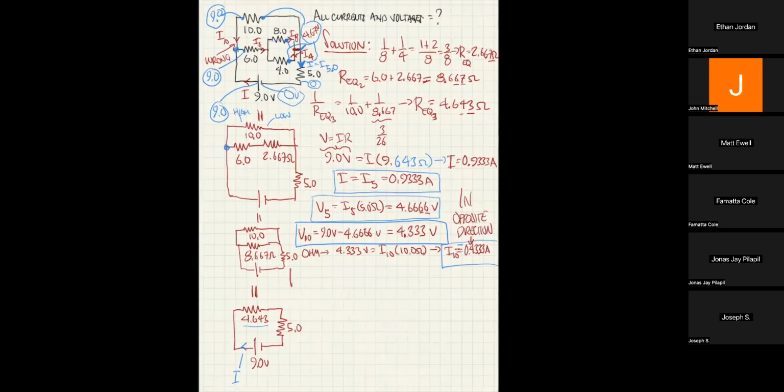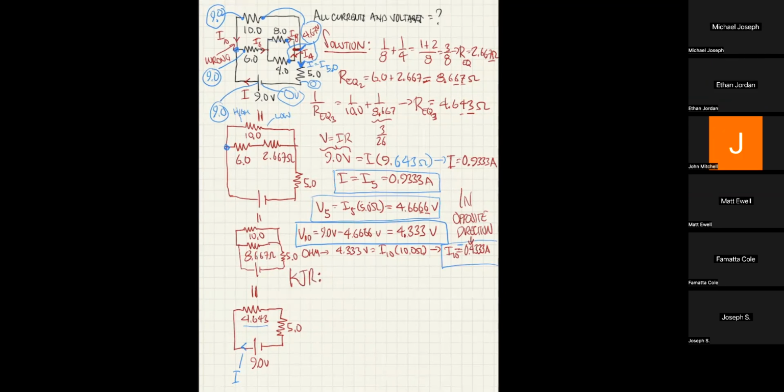So Kirchhoff's junction rule, after I've made that discovery that I10 is the wrong direction, allowed me to say that I is equal to I6 plus I10, so that I6 is just equal to 0.9333 minus 0.4333 amps. So I6 is going to be 4.66.